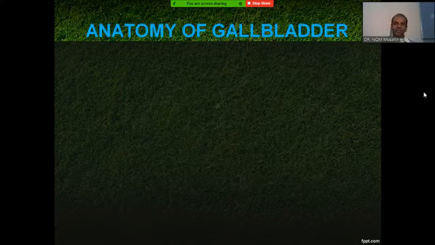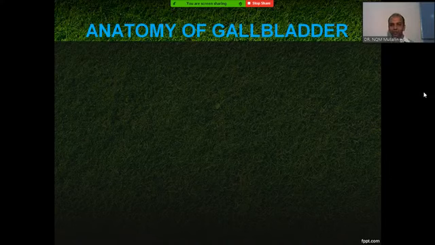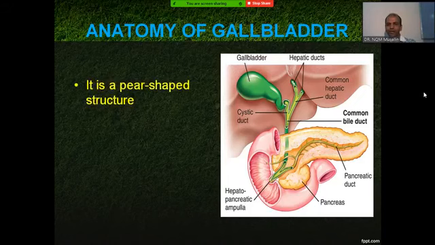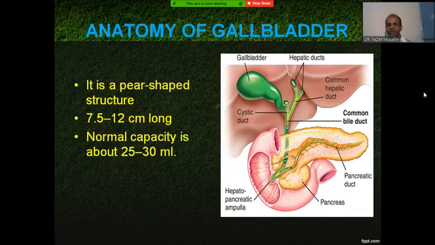At first, before starting the class, we should know about the anatomy of the gallbladder. You know, the gallbladder is present at the undersurface of the liver. It is a very small, pear-shaped structure, and the size is about 7.5 to 10 centimeter long, and breadth is about 3 to 4 centimeter, and its normal capacity is about 25 to 30 ml.